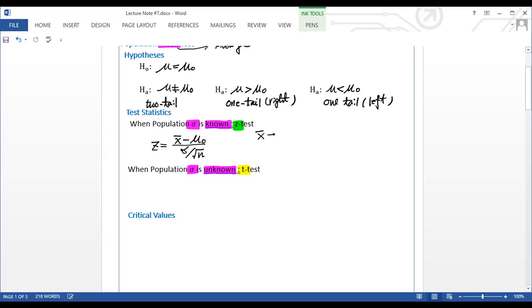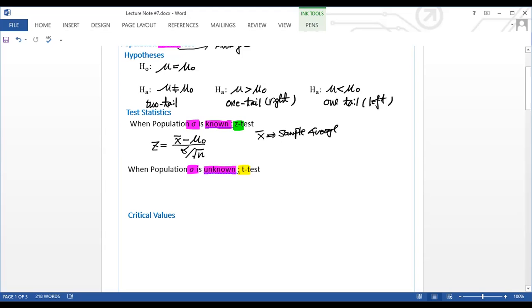The x bar is your sample average. For example, to test this city's family incomes, I take maybe 60 families, ask them their annual income, and average it.